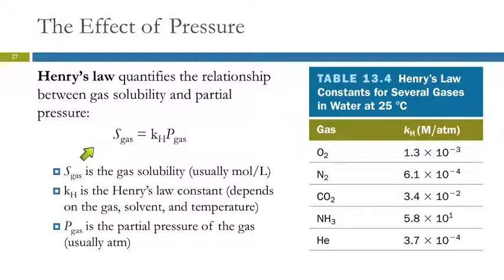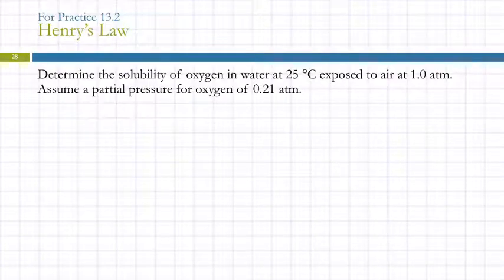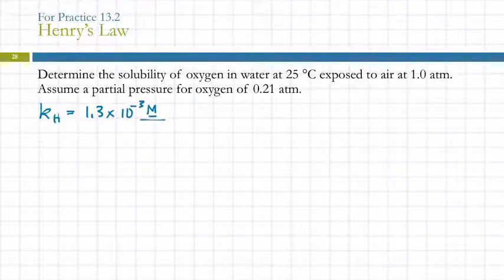Okay, so we're going to need this one on the next page. The Henry's law constant for oxygen in water at 25 degrees is 1.3 times 10 to the minus third molarity per atmosphere.